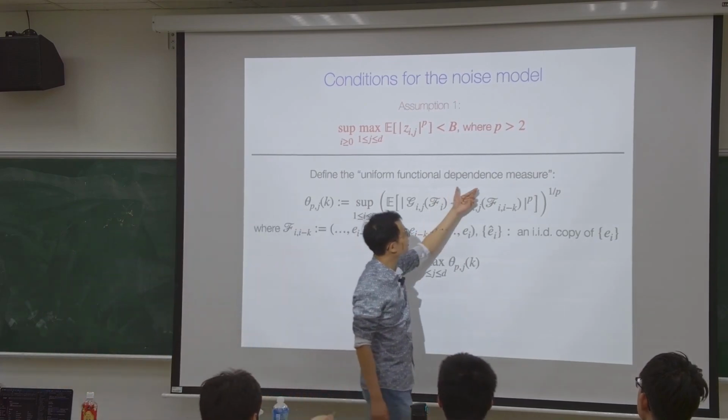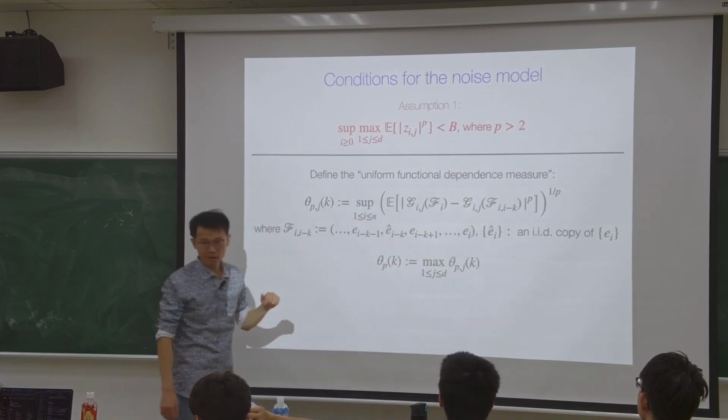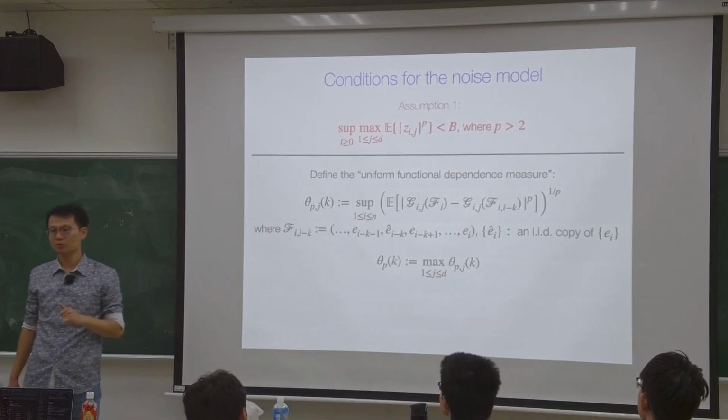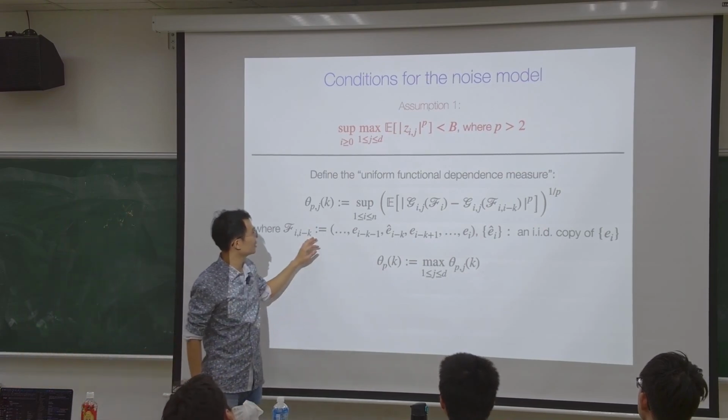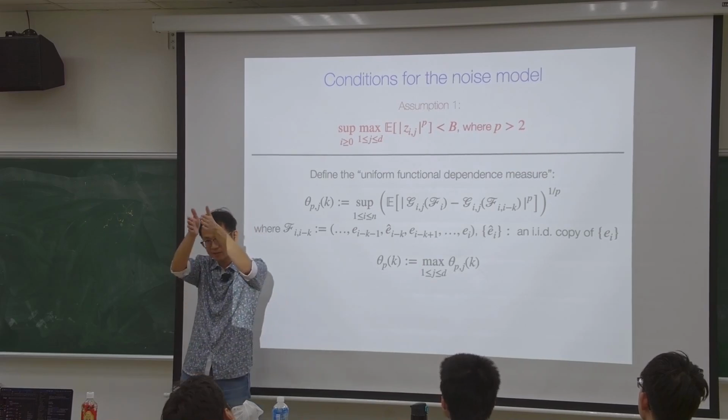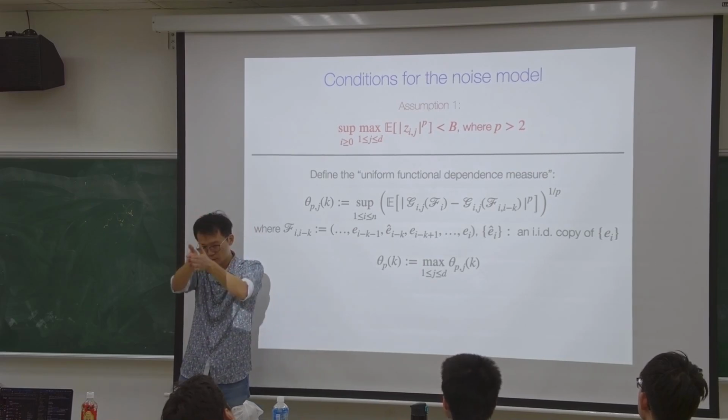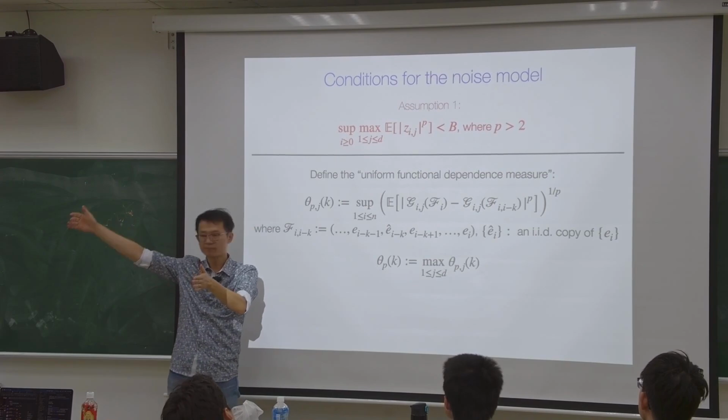And then this dependence measure is similar to the one Professor Zhou has introduced. Suppose I want to see how this noise system at this moment depends on the history.